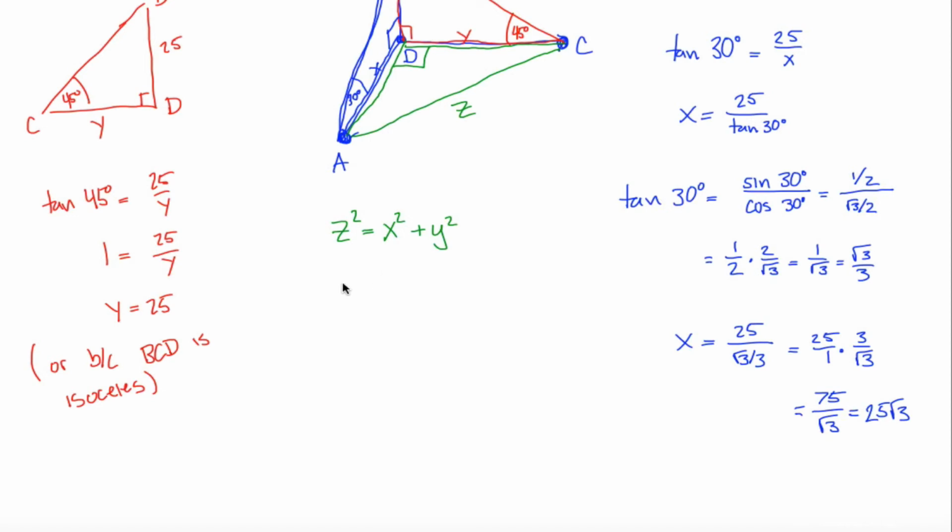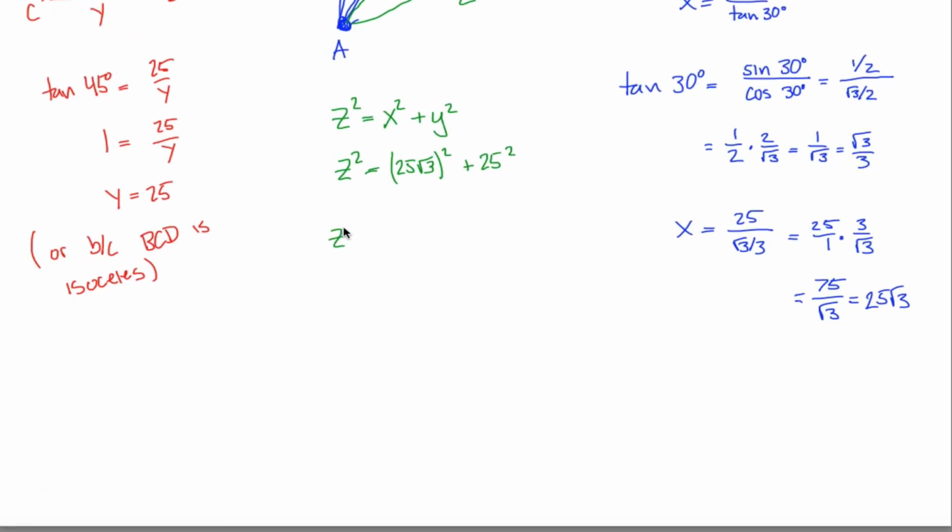I got this equation here. Well, let's figure it out. X I calculated to be 25 root 3. Y I calculated to be 25. So what I get is that z squared is equal to, well, if I take this squared and hit each of the factors, I got 3 times 25 squared. And you can figure out 25 squared if you want.